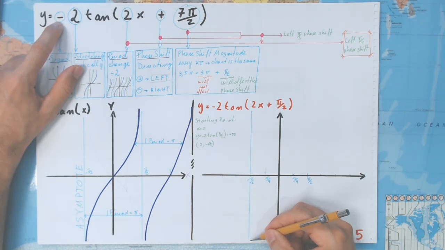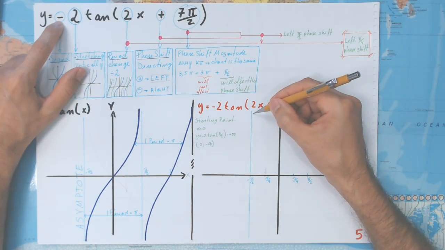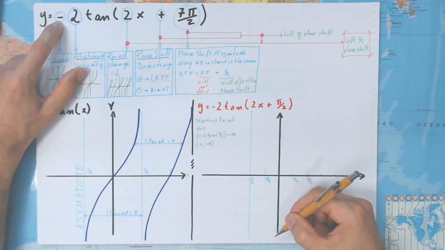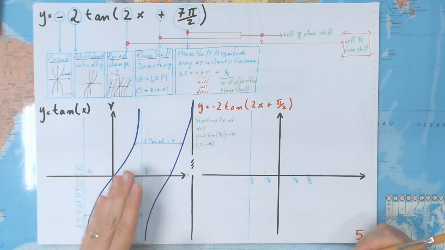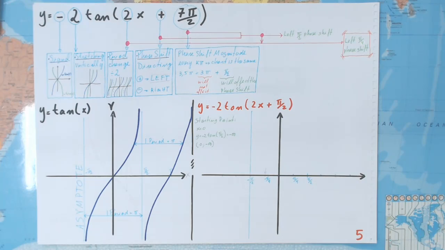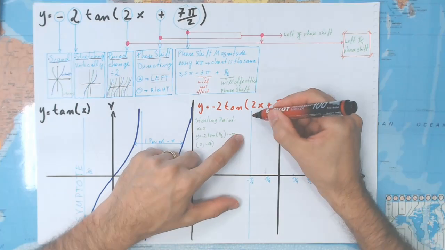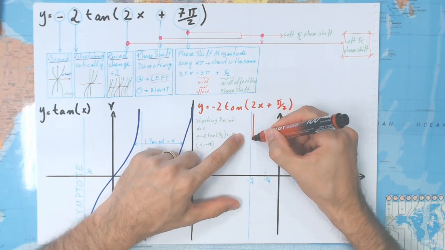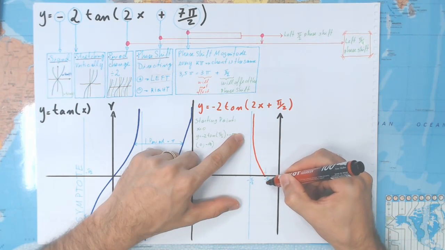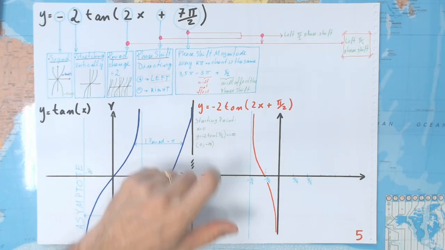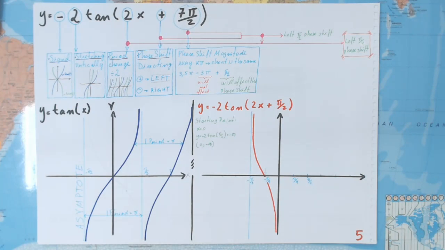But because it's negative, it's going to be the reverse, okay? So our chart is going to start in here. It's going to be the reverse of this. Just be careful, this is where most people would make a mistake. And so we have something like this. This is going to be our chart.